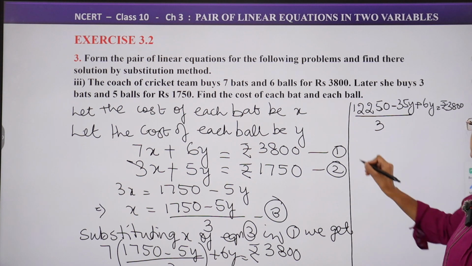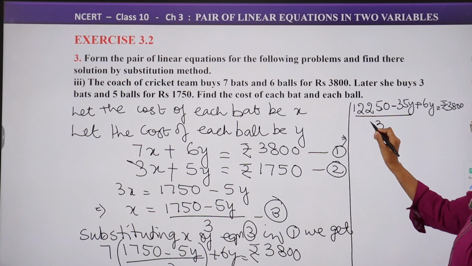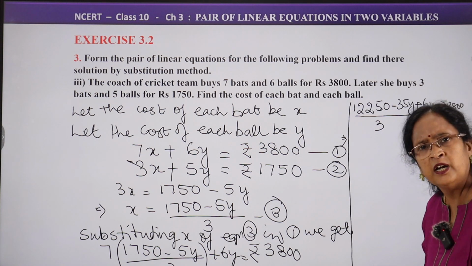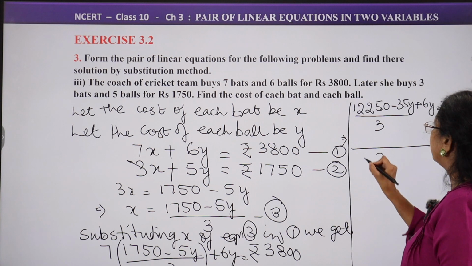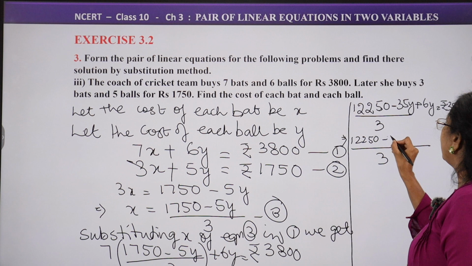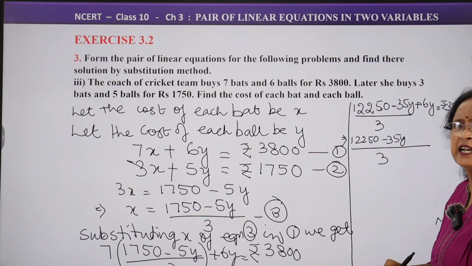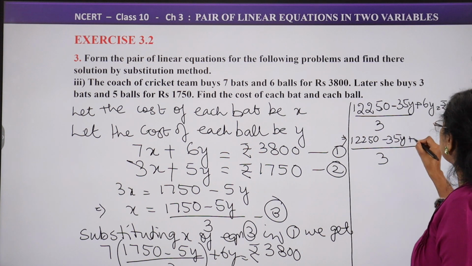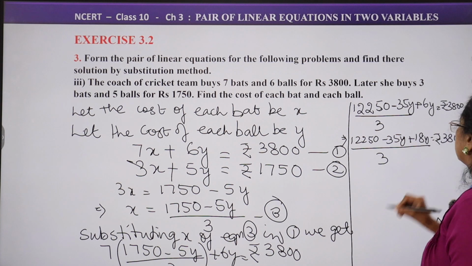3800. Now that implies, now I have to take the denominator for all. So I take a single denominator: 12250 minus 35y, 6 3s are 18, plus 18y is equal to rupees 3800.